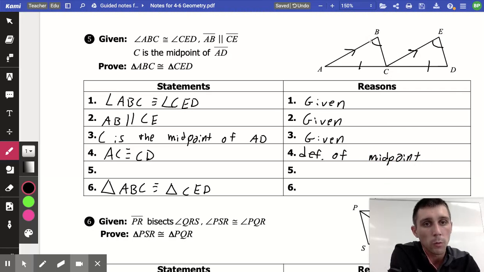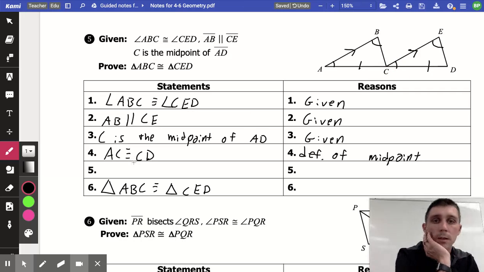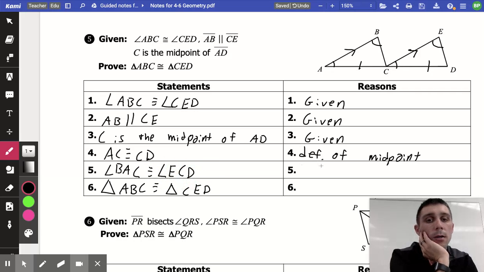Now, we have an angle and a side. All we know is that these lines are parallel. So that will tell us something about these angles right here. Angle BAC would be congruent to angle ECD by what?